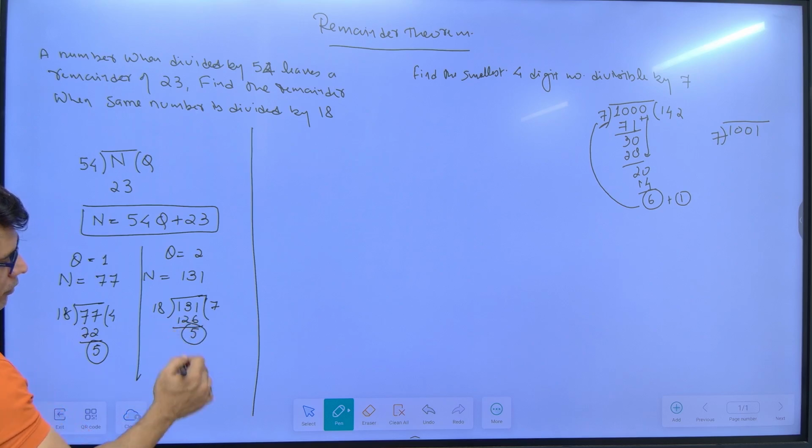Remainder is what? Again 5. So we are getting remainder as 5 and again 5 in both cases, right? Again, if I put q is equal to 3, I'm going to get remainder as 5.